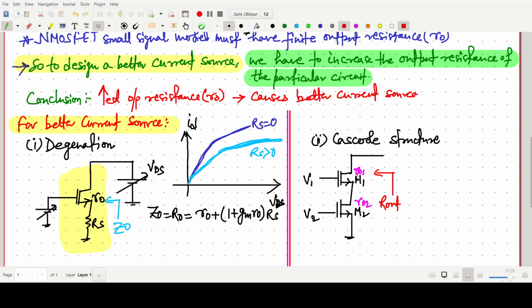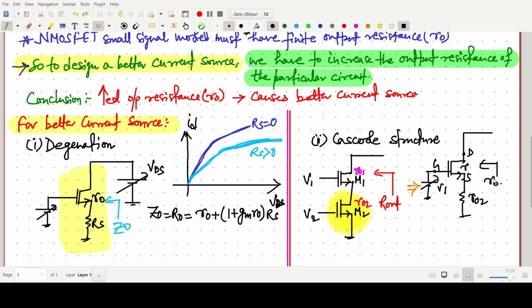This can be easily found by approximating that M2 acts as a resistance R naught 2. The same circuit, with some voltage V1, has the drain, gate and source, and the overall R naught.